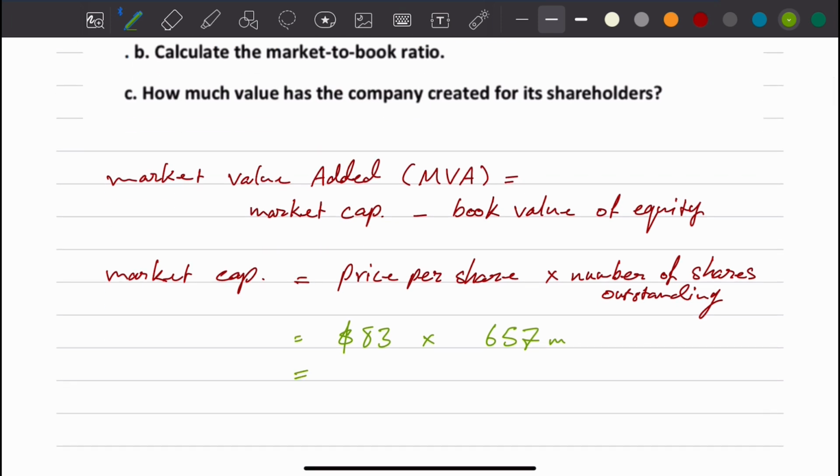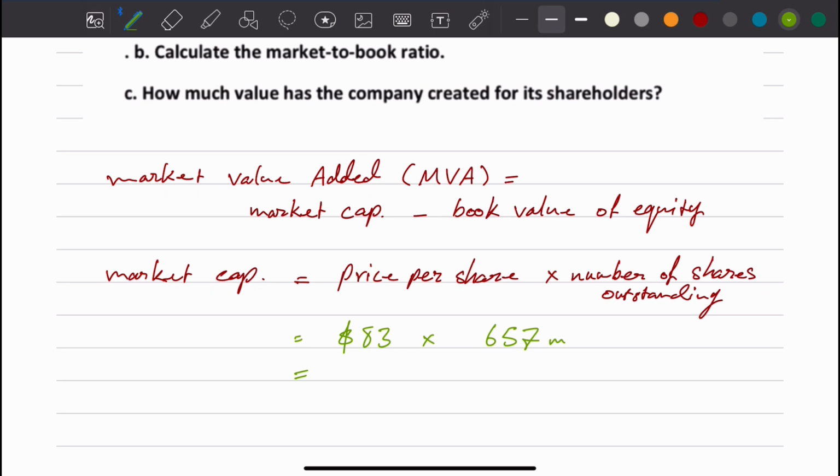Okay, I'm going to refer quickly to my calculator. 83 multiplied by 657,000,000. Okay, let me do the shortcut calculation.